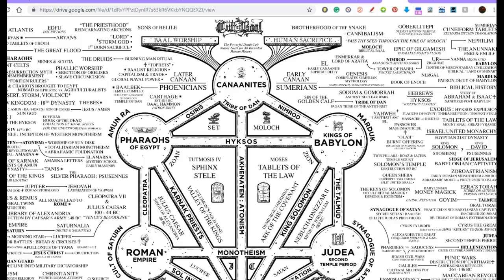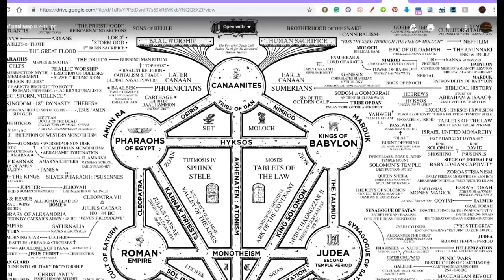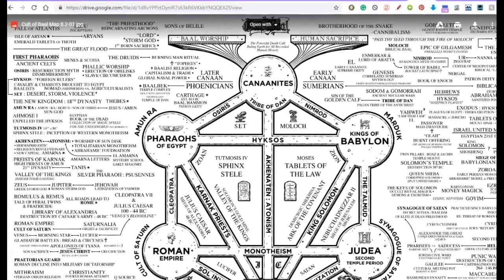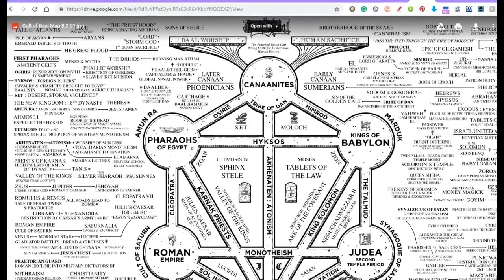And the legends of Osiris are pretty much analogous to the legends of Nimrod in the Bible. And then the legends of Nimrod in the Bible are somewhat analogous to Gilgamesh in the Sumerian mythology. So, like I said, there's going to be a theme on here of everything tying back to Sumerian mythology.